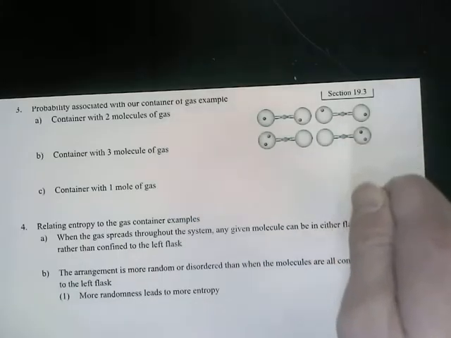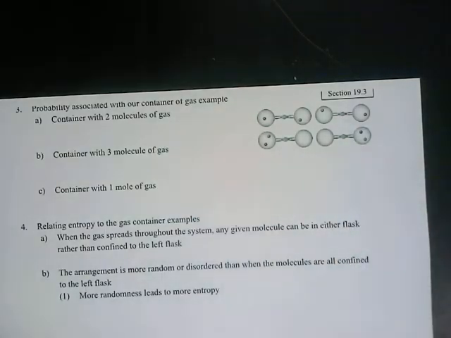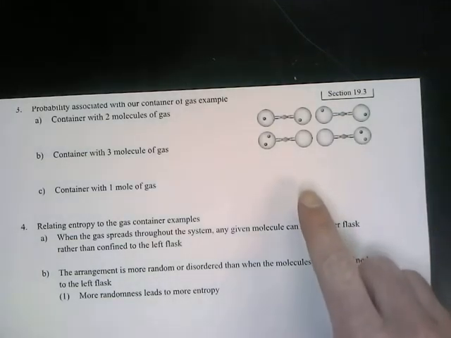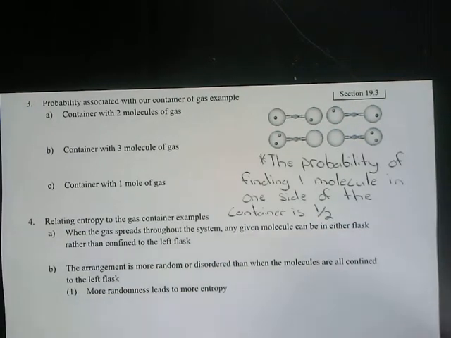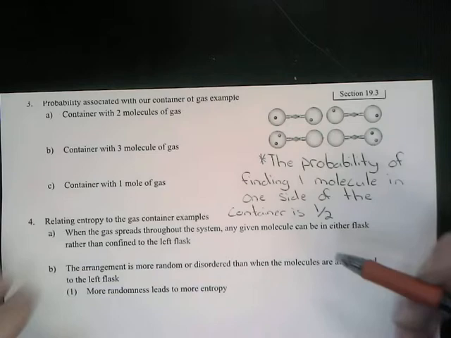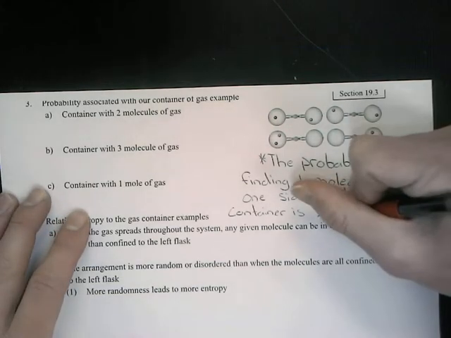and we open up the stopcock, the probability of finding one molecule in one side of the container is 1 out of 2. It's 1 out of 2 because we have two sides of the container.